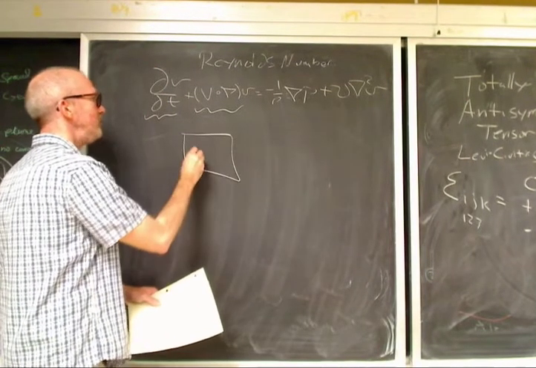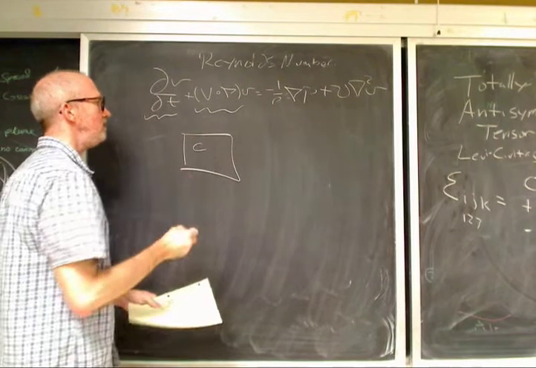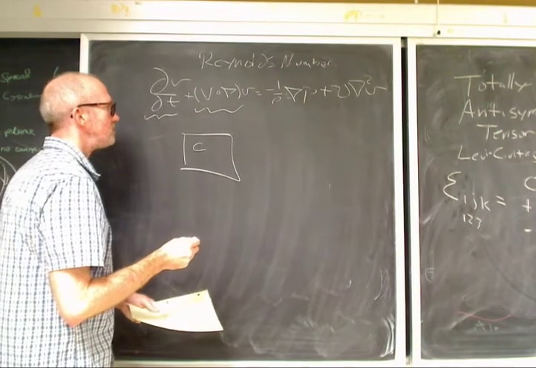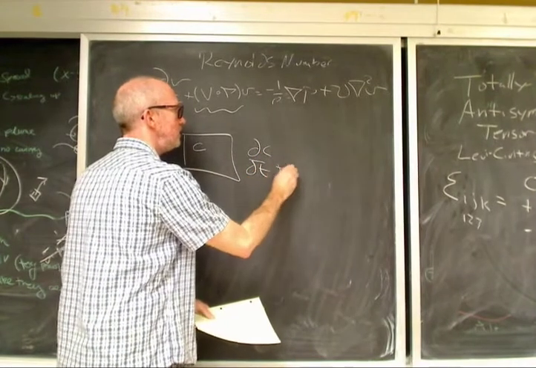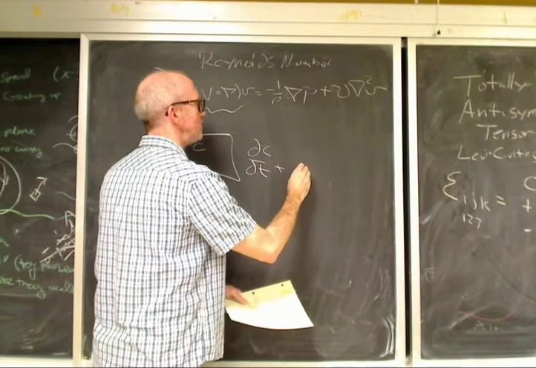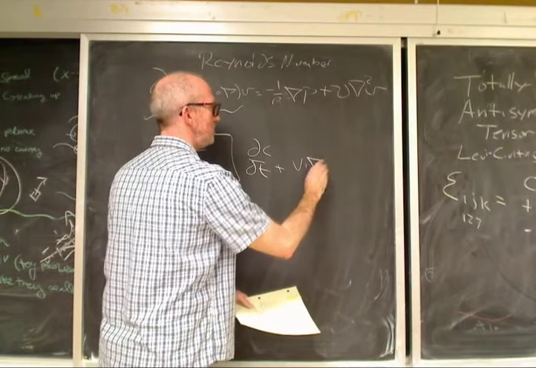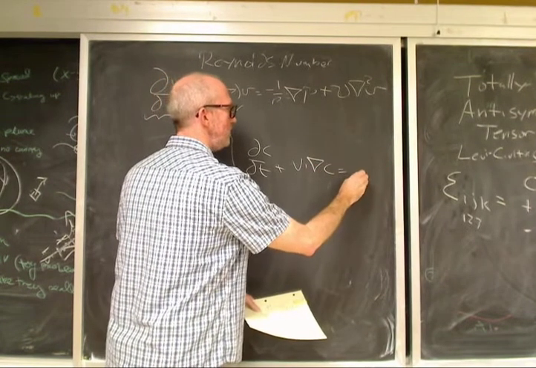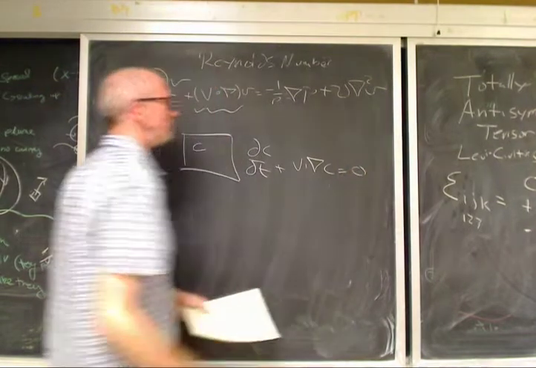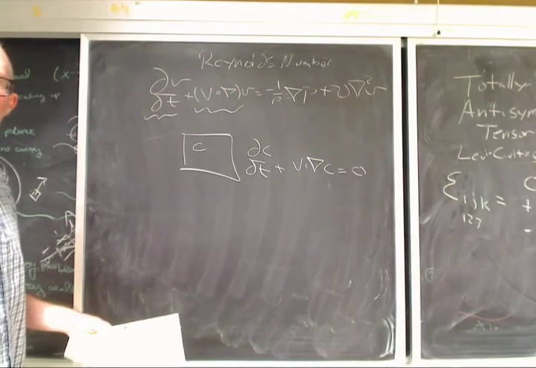And I have a room and I have some pollutant, let's call it C. dC dt plus v dot grad C is going to be 0 because there's no source term for C. You can't make any more C.